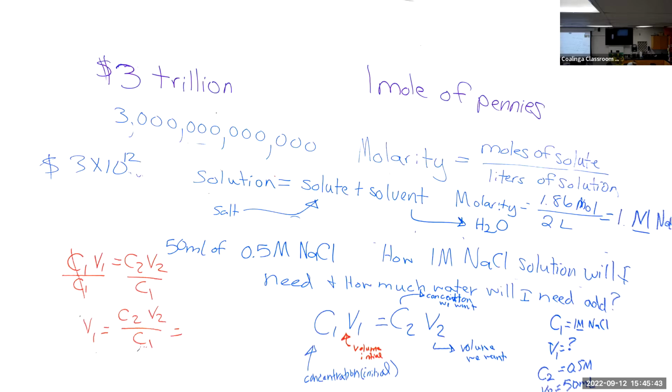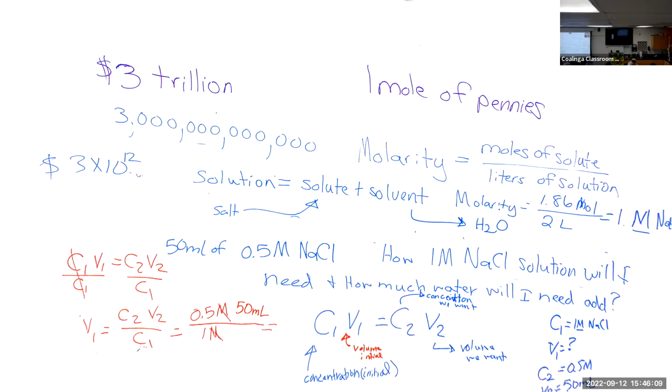So my C2 is 0.5 molar. My V2 is 50 milliliters. My C1 is 1 molar. Molar is going to cancel out.